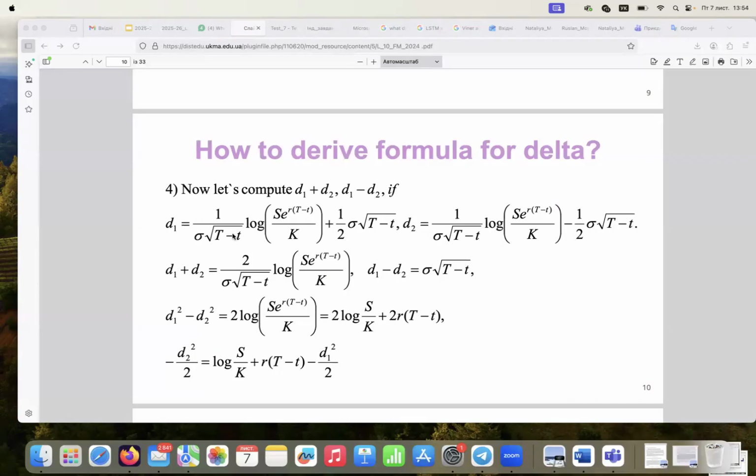But if we would like to find the difference, this minus this, what will it be? What will be the difference between d1 and d2?